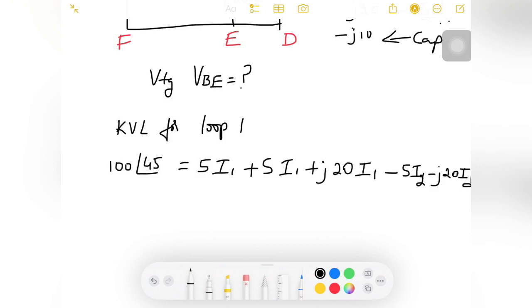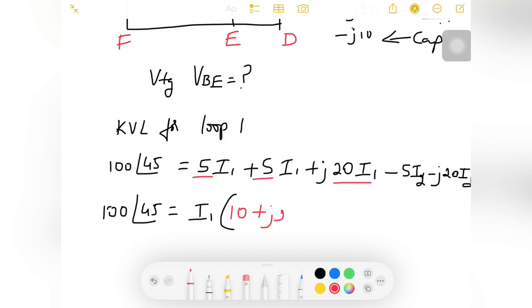If I simplify, I can read this equation as 100 at an angle 45, taking common values here. If I take I1 common, it is 5 plus 5, 10 ohms plus, with respect to imaginary, J20. This is my I1.